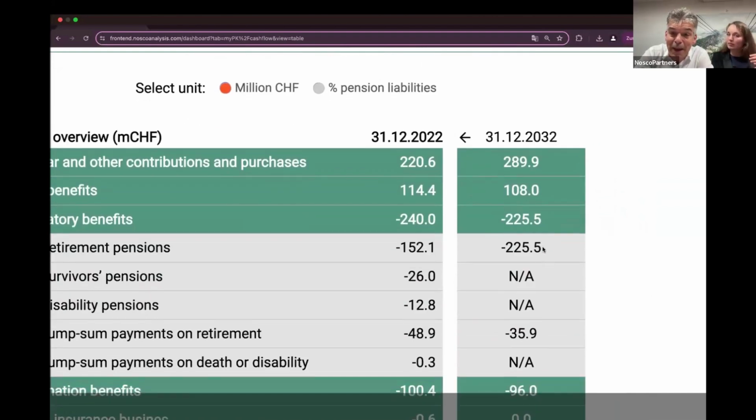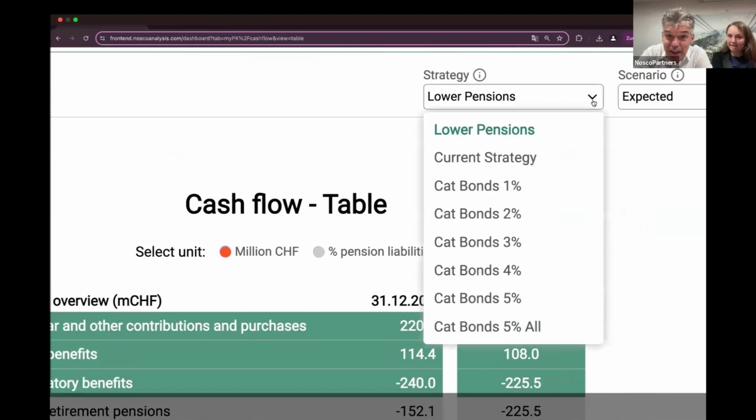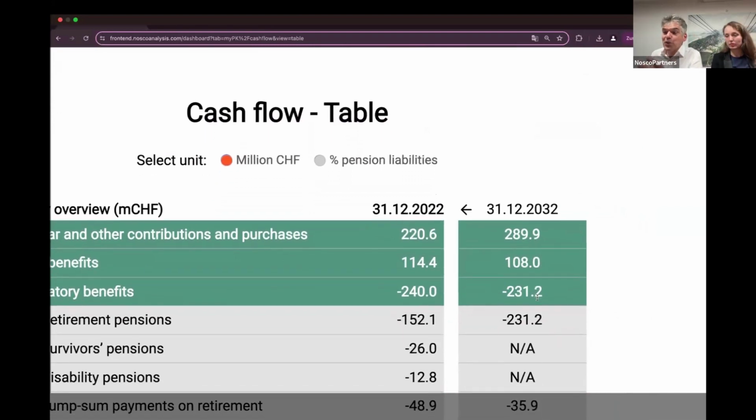These are the pensions paid out if I have lower pensions in 2032. And if I go to the regular strategy, this is 231. So the difference is only about 6 million more pensions in that year. But again, they will have to be paid until all these new pensioners die out. So in the end, it's a 100 million impact.